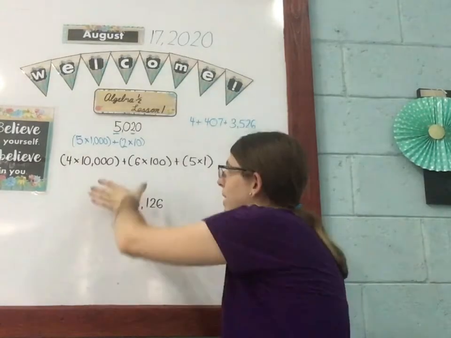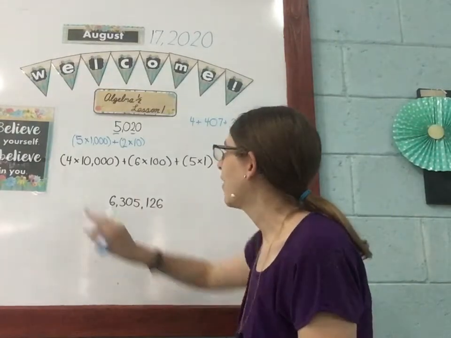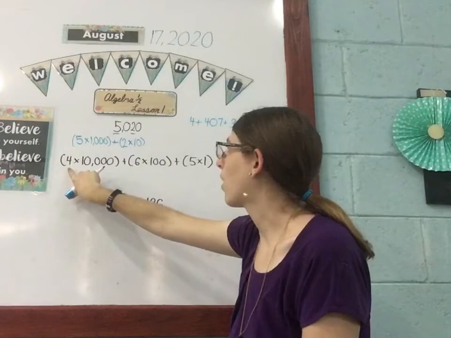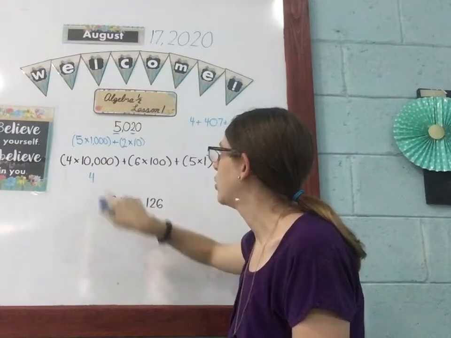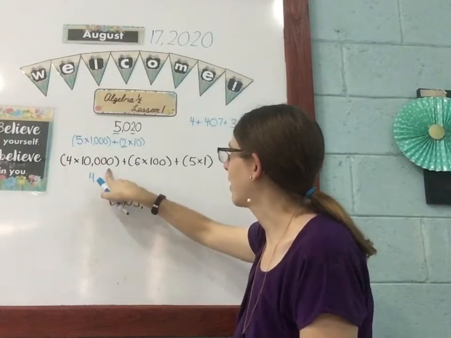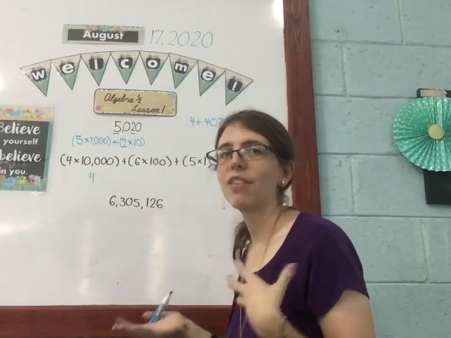Now to go back from expanded notation to a regular number, we just work backwards. Here I have 4 times 10,000. So that means that I have a 4 in the 10,000s place. Do I have a thousands place? Well, let's see. 4 times 10,000 plus 6 times 100. I skipped it. I don't have a thousands place.